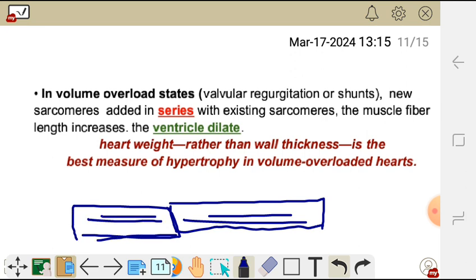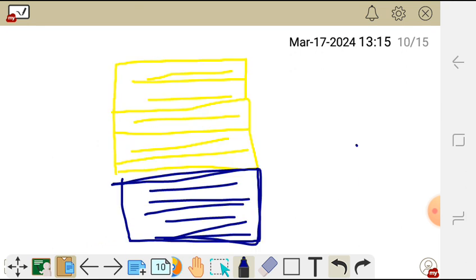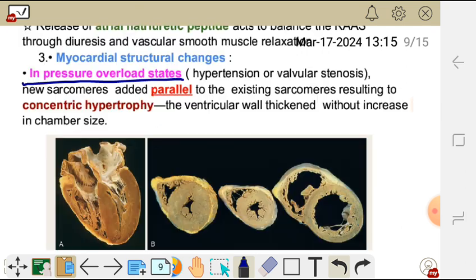As a result, we are not going to observe muscle thickness; the thickness is just the same, and it might look normal, but the heart is increasing in size, and that can be observed here. It's just dilating, it's just becoming big.